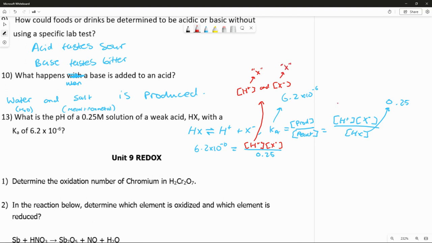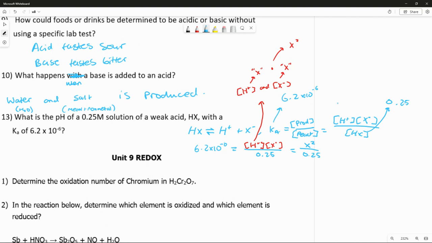So when we establish this, the concentration of H plus times the concentration of X minus is just x squared on top. So this equals x squared over 0.25, and we can solve this algebraically now.